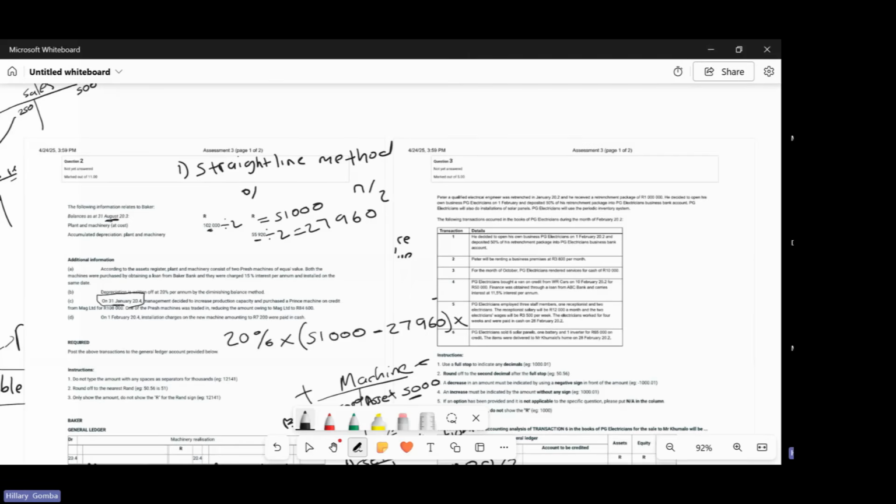So now we'll say August, September, October, November, December, January. How many months is that? Six, because it's August, September, October, November, December, January.